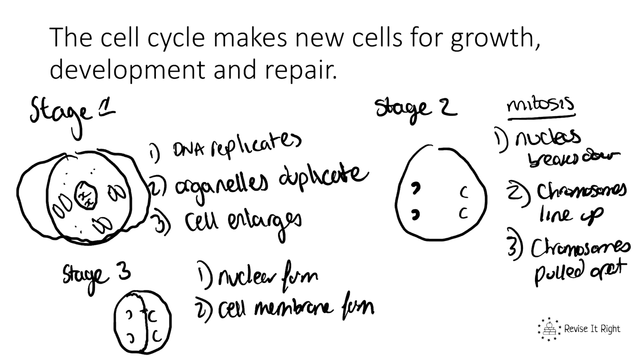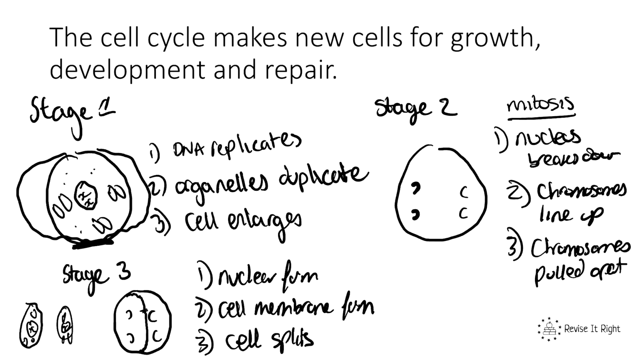So these two cells are pulled apart, and the cells then actually split up. So this forms an identical copy to that original cell we had in stage 1. Okay, where each will contain just 1 chromosome and 3 mitochondria and 3 ribosomes, etc.